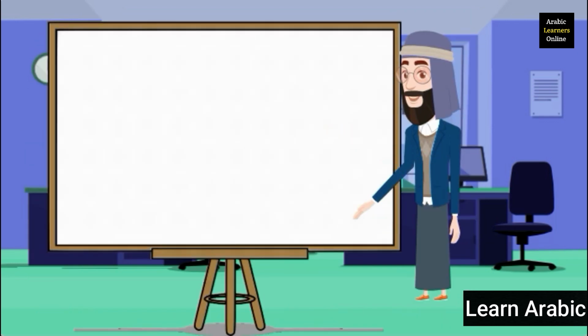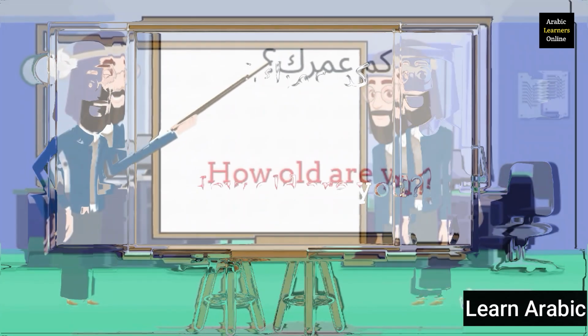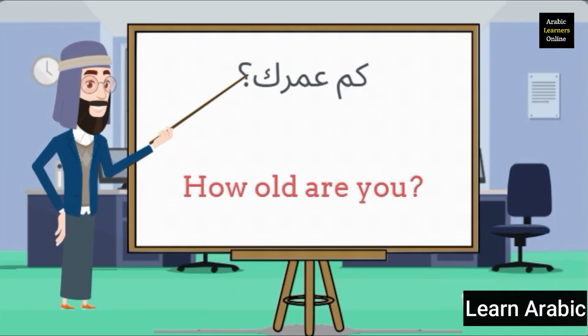Now let's move on to talking about age and phone numbers. Numbers also come in handy when talking about age and phone numbers. Firstly, we'll talk about age. To ask how old are you, say it in Arabic: كم عمرك?